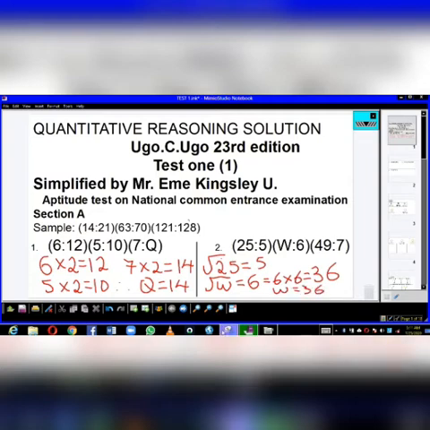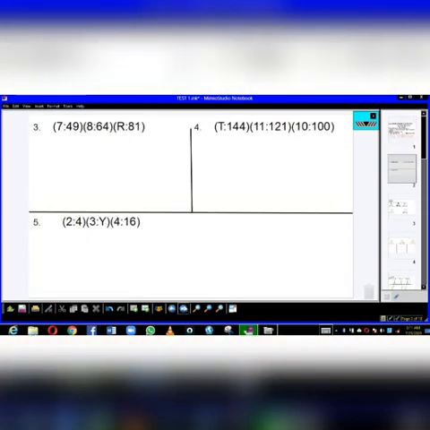Now let's proceed to number 3. Here we are to find the square of the first numbers in each bracket. Here we're going to say 7 square is equals to 7 times 7, and that will give us 49. 8 square is equals to 8 times 8, and that is equals to 64.